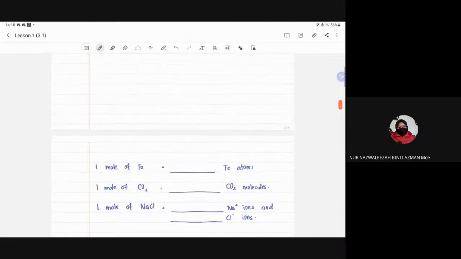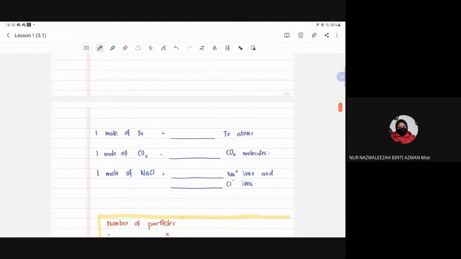All right. Now, this is some example, the breakdown. Let's say I have 1 mole of iron, Fe. This means that it contains 6.02 times 10 to the power of 23 iron atoms. If I said I have 1 mole of CO2, I have 6.02 times 10 to the power of 23 carbon dioxide molecules, because as you know, CO2 is a molecule. Okay, this is a molecule. This is an atom.